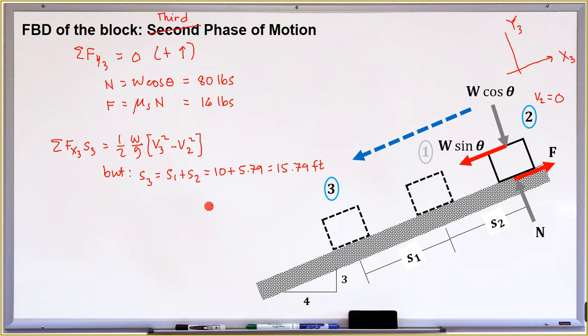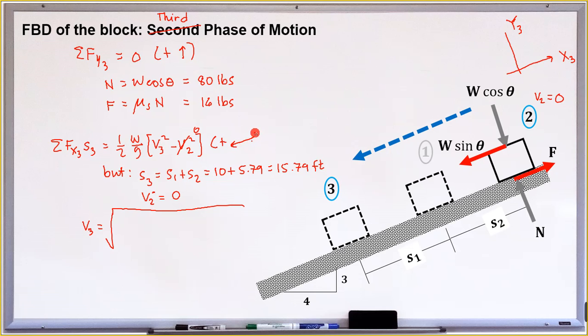Okay. Then, at point 2, ang atong velocity ana is 0 because naghunong man siya dira at maximum height. So with this information, we're going to solve for V3. So V2 here is 0 na siya. So V3 is equal to the square root. So kaning summation of forces along x3, we take positive if, again, this time going downward na, no?